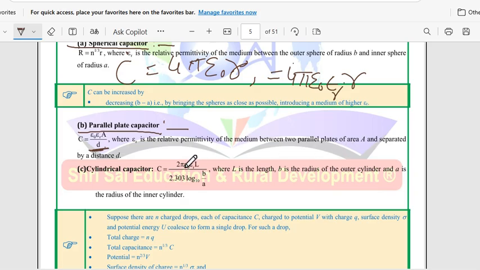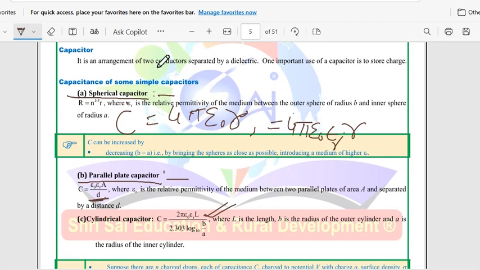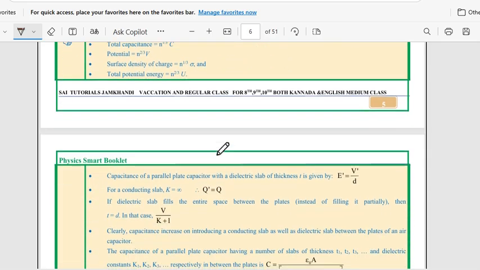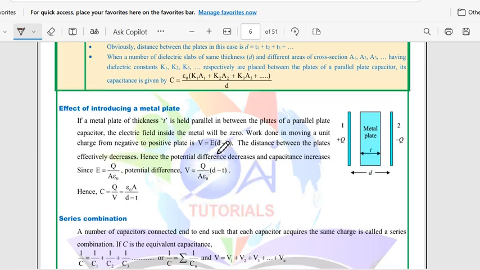We will get 2 pi epsilon naught into epsilon r into L, where L is the length of the cylinder, divided by 2.303 into log base 10 of B by A, where B is the radius of the outer cylinder and A is the radius of the inner cylinder. But for your syllabus, the spherical capacitor and parallel plate capacitor are important. So this will be derived.